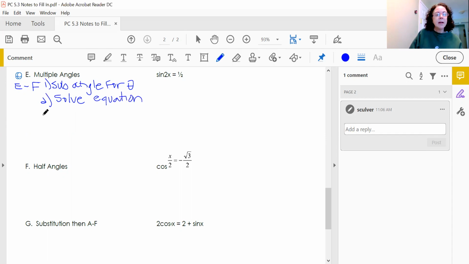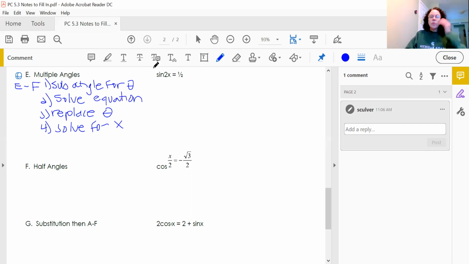I replace theta with the correct angle and solve for x. And I use that again for E and for F.